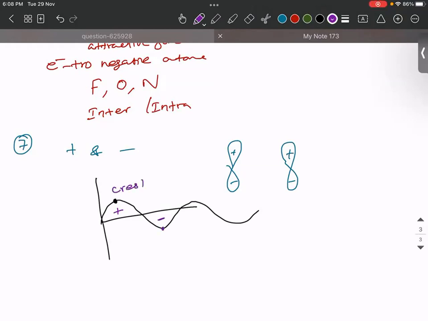So the crest you will call as plus and the trough you will call as minus. So the plus and minus sign indicate the nature of electron waves. So for the nature of electron waves, the crest is one answer and the trough is one answer.